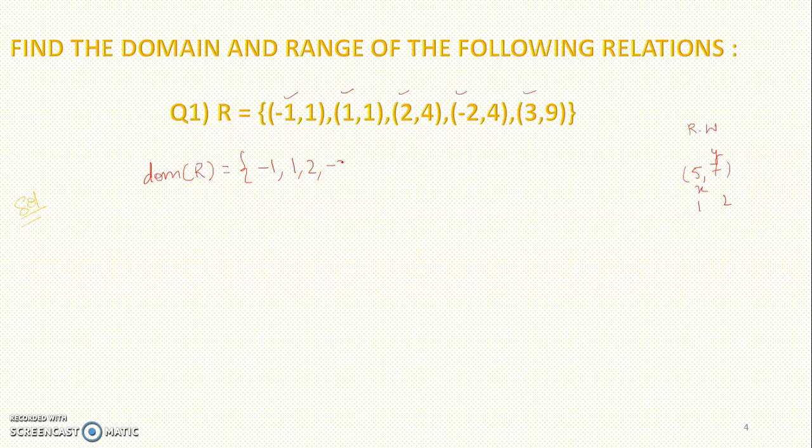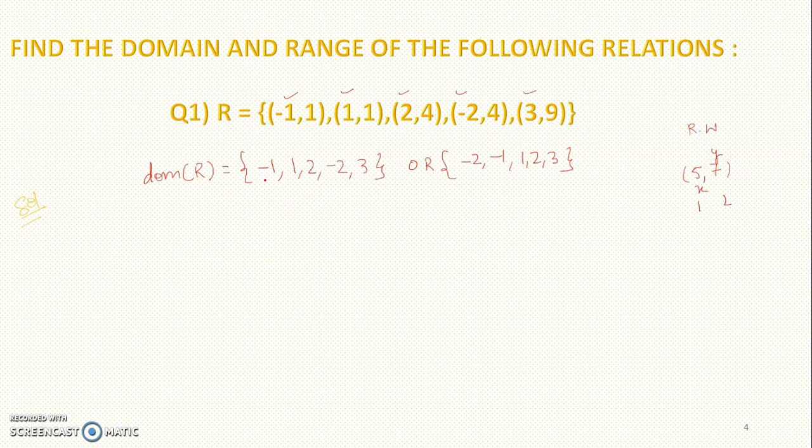Or if you want to rearrange them, it does not make any difference. You can write it in proper sequence, like -2 first in negative, then -1, then 1, 2, 3.